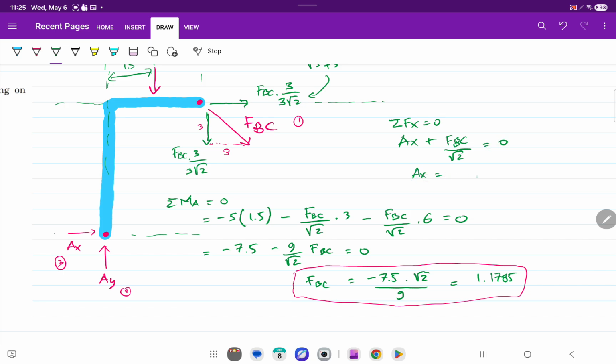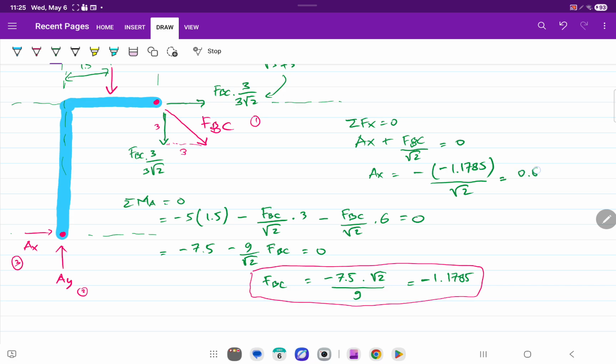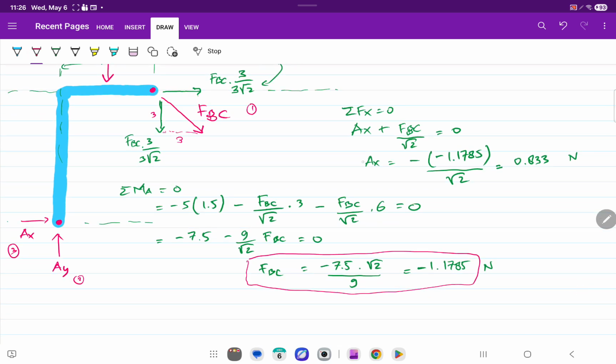So your AX will be minus FBC, minus 1.1785 divided by square root of 2. That is 0.833 kilonewtons, positive. And that's it, right? That is the second answer.